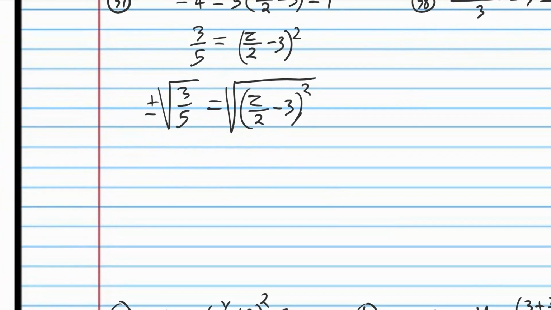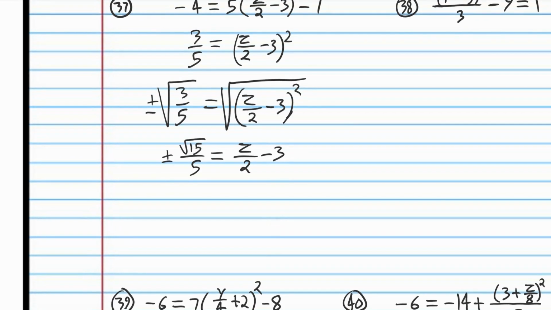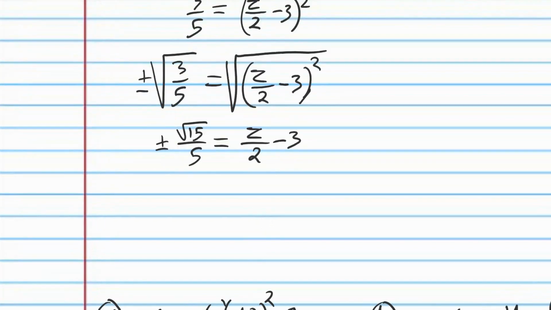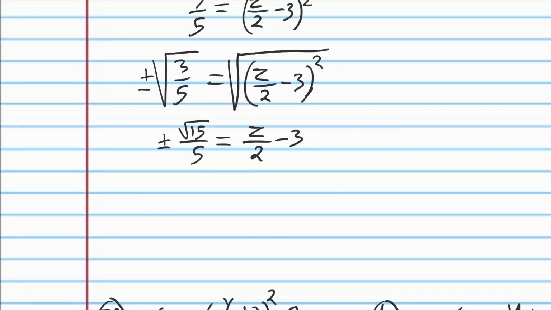So this, we have to do all the steps there, so that would become plus or minus root 15 over 5. And, ouch, this is going to be a little weird.